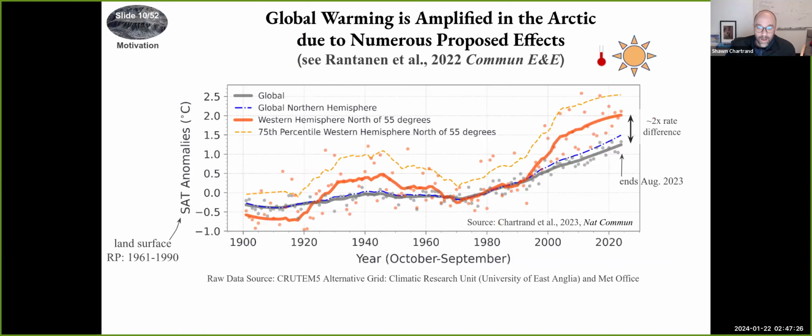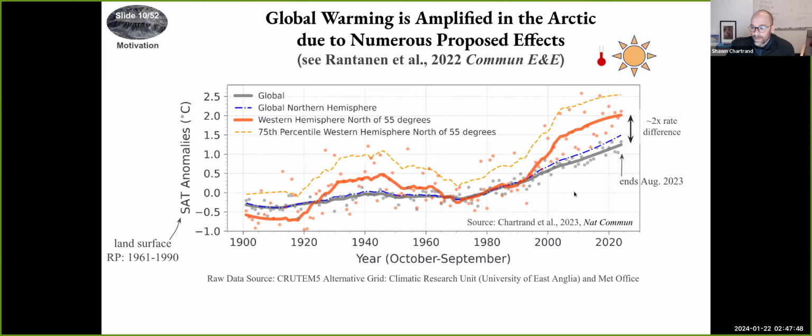Of course, this problem has widespread importance, primarily through what we're seeing today with Arctic amplification of air temperatures. This is a plot from our publication, and I've worked with CRU-TEM5 data to produce this plot.